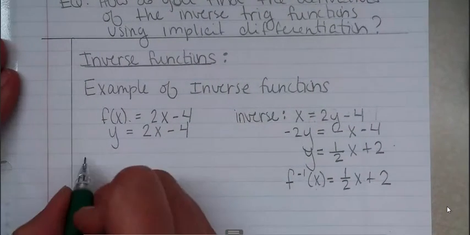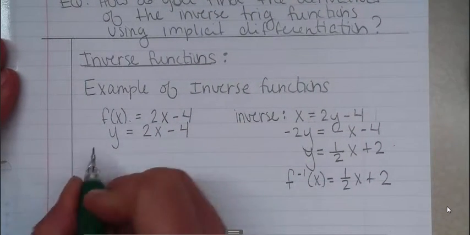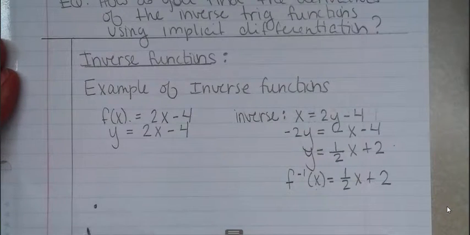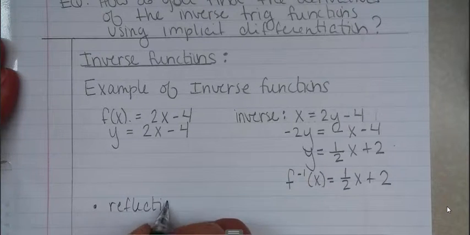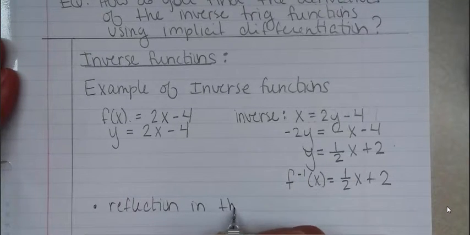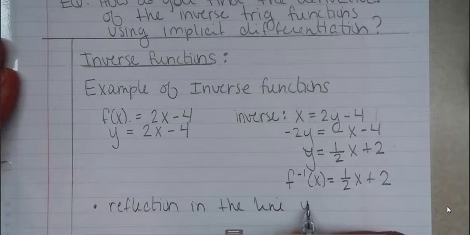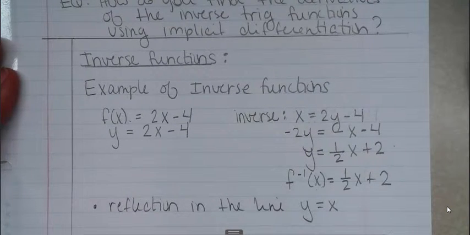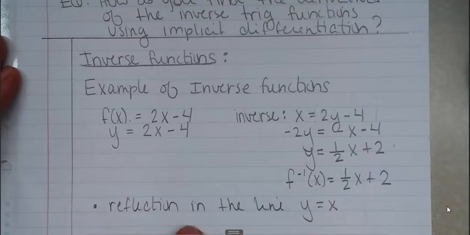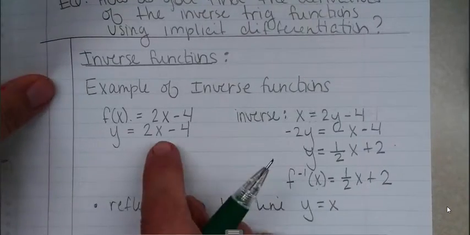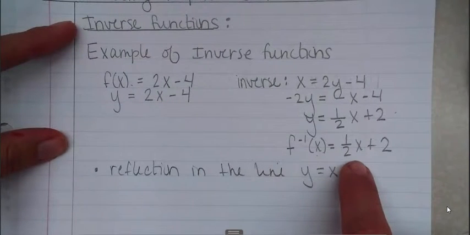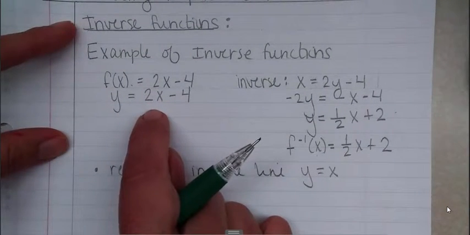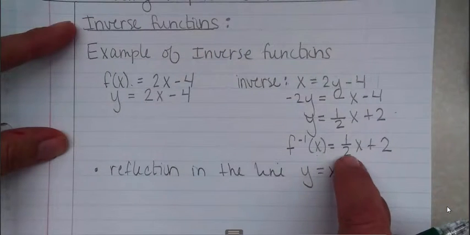Okay, a couple of important bullet points that we'll do here. We're going to have a reflection in the line y equals x. One way to see that is to visualize it when you're graphing. If I graph this original function, I can visually try and reflect it. Or the other thing is, the points on the inverse are just going to be the x and y switched.